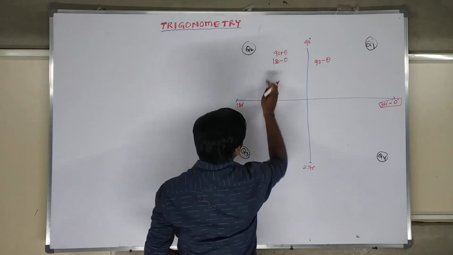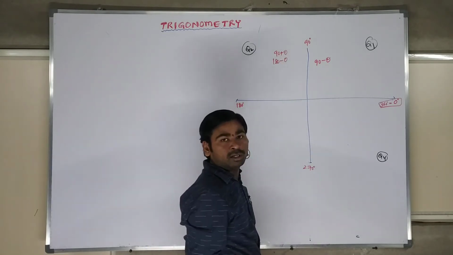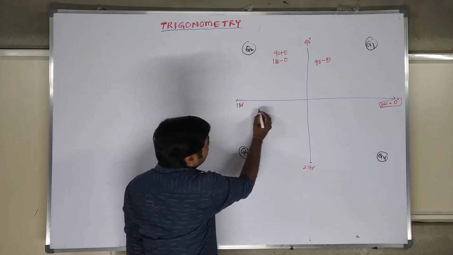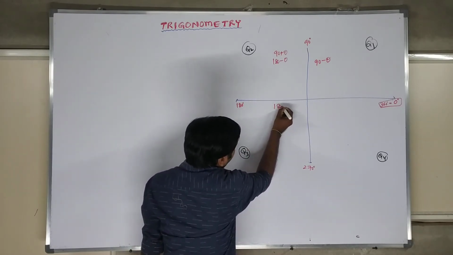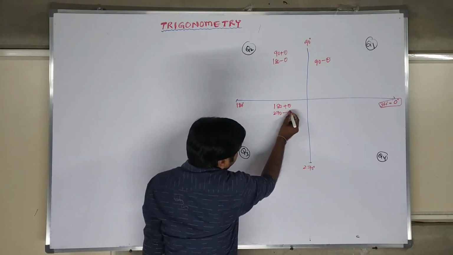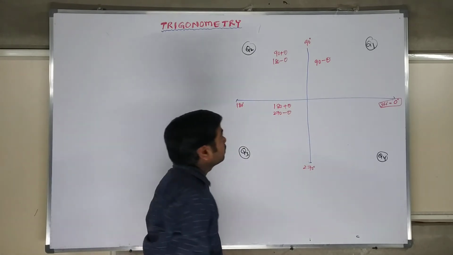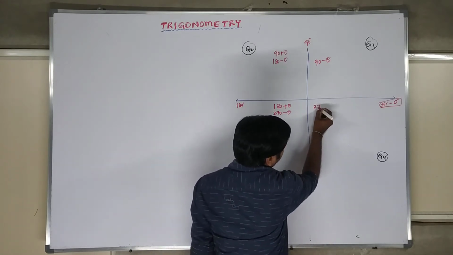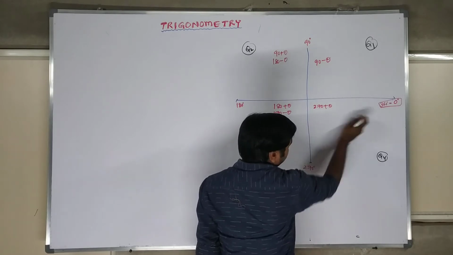So quadrant 2 is 90 plus theta, 180 minus theta. Quadrant number 3, more than 180, is 180 plus theta, and less than 270 is 270 minus theta. Next, quadrant 4 is 270 plus theta, 360 minus theta.